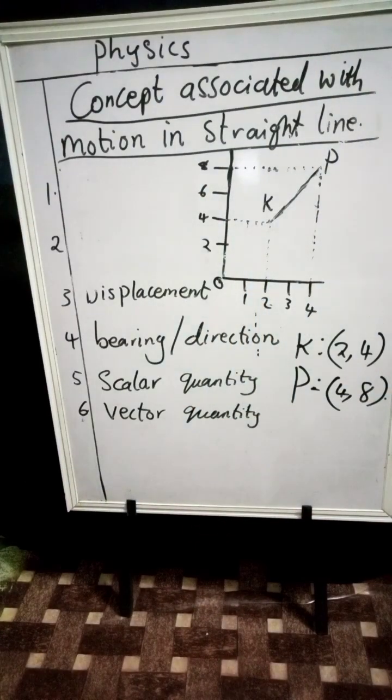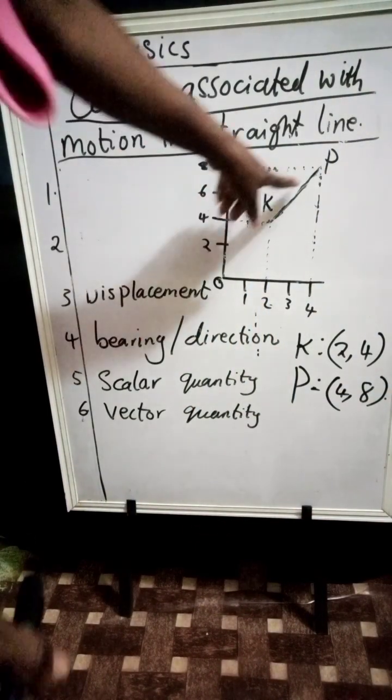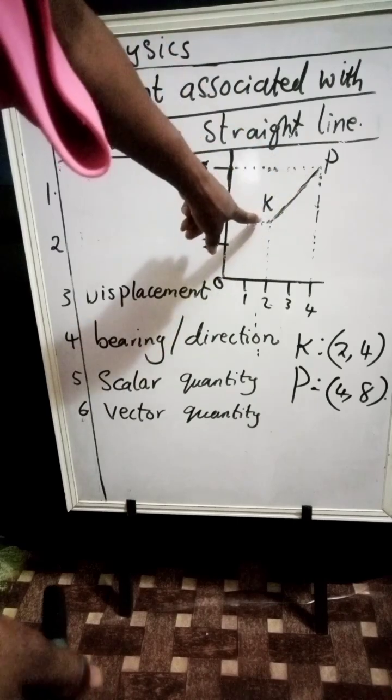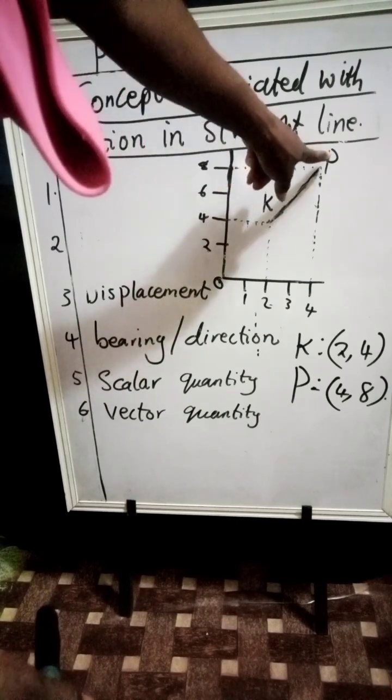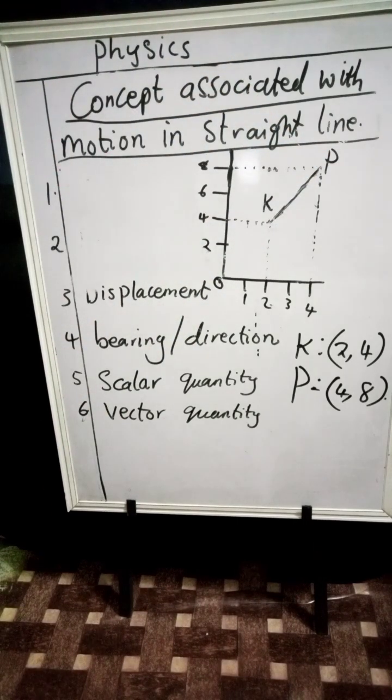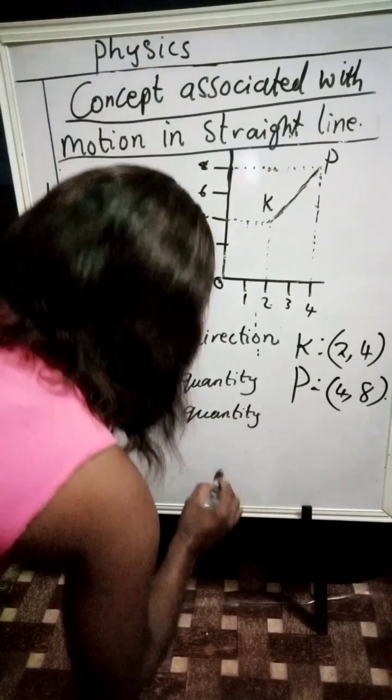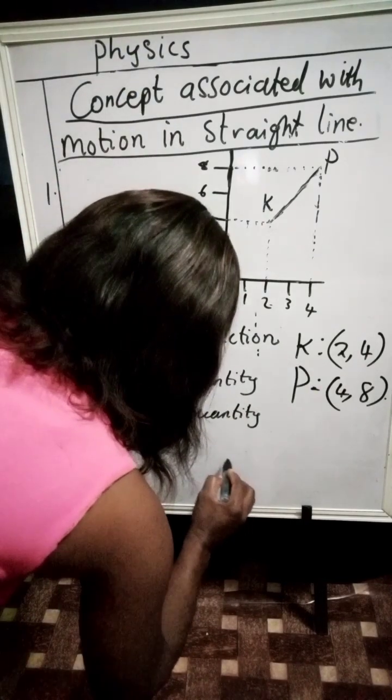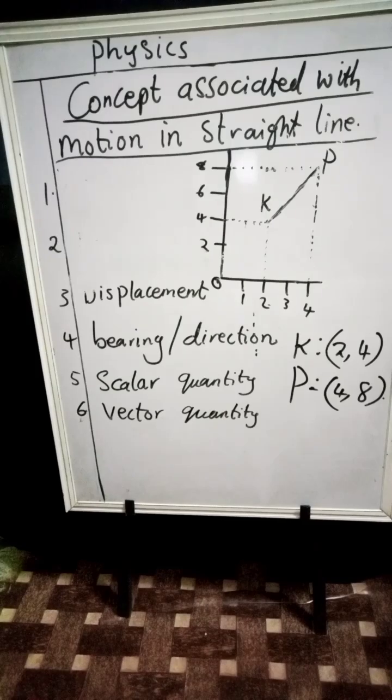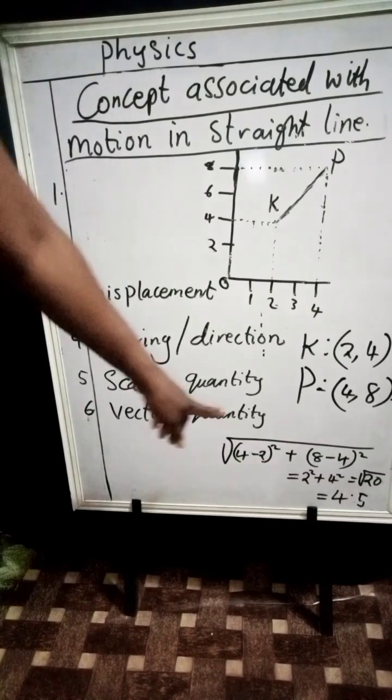So, to determine the straight line connecting K and P, what do we have to do? The straight line is determined by this formula.